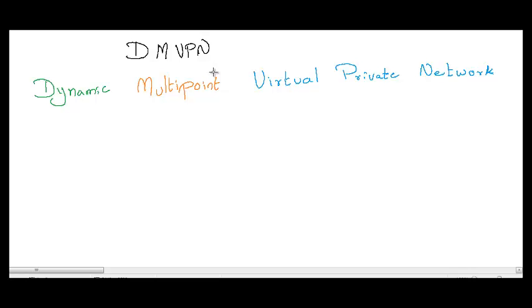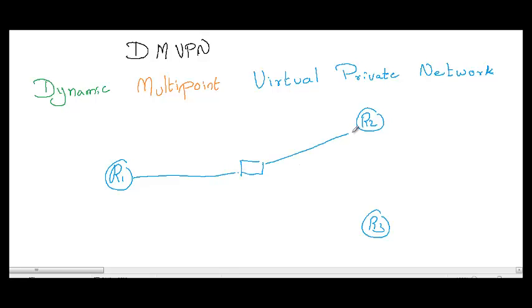Now, to understand how this works, let us have a small topology and discuss. We'll take 3 routers, R1, R2, R3, and I'll keep one switch in the middle and connect like this.